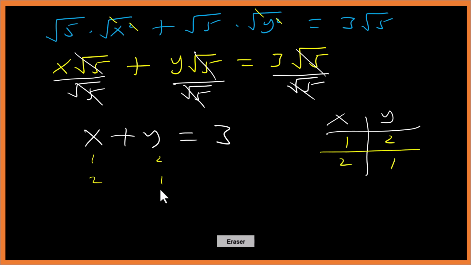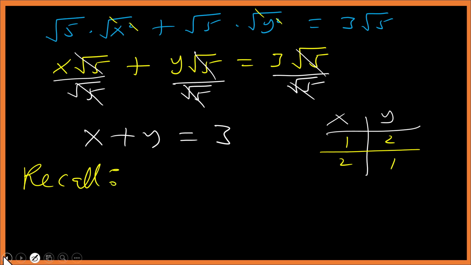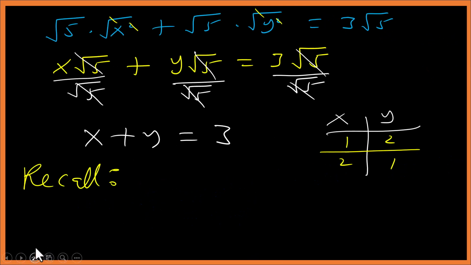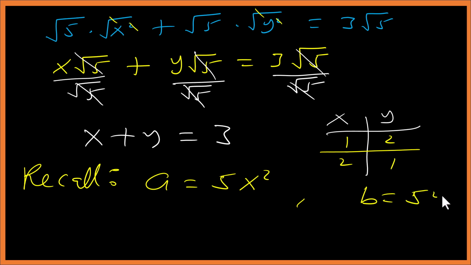All right, now let's recall. Now don't forget that a is 5x squared and b is 5y squared.